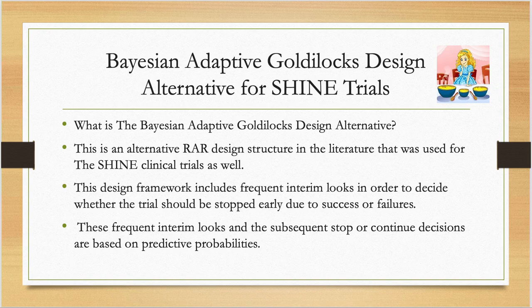So the SHINE trials had to have an alternative design, and they chose this Bayesian Adaptive Goldilocks design, which is another form of responsive adaptive randomization.